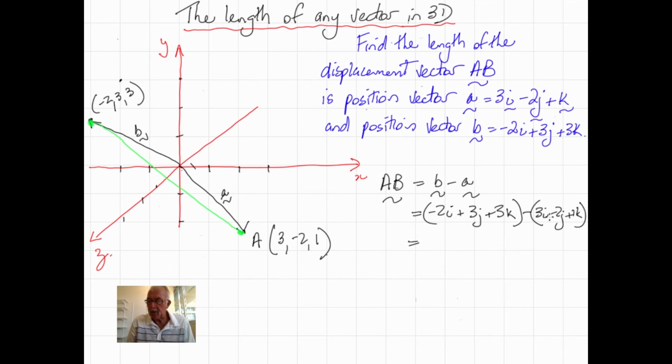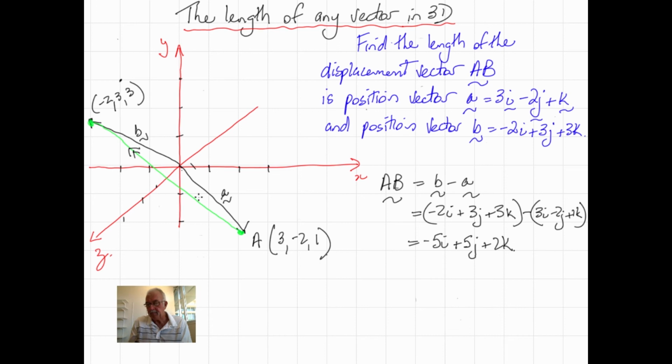So we get -2i minus 3i, which will be -5i, plus 3j minus -2j will be plus 2j, so there'll be plus 5j. And 3k minus 1k will be plus 2k. So that would be the vector starting at A and going all the way up to B. So that's vector AB. If you like, we could put double arrows on that to show that's a resultant.